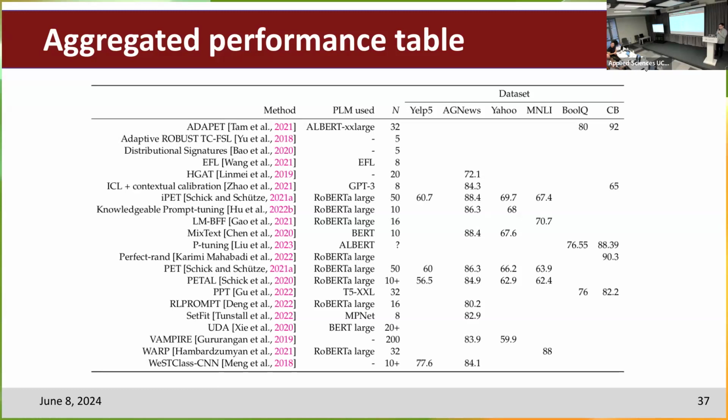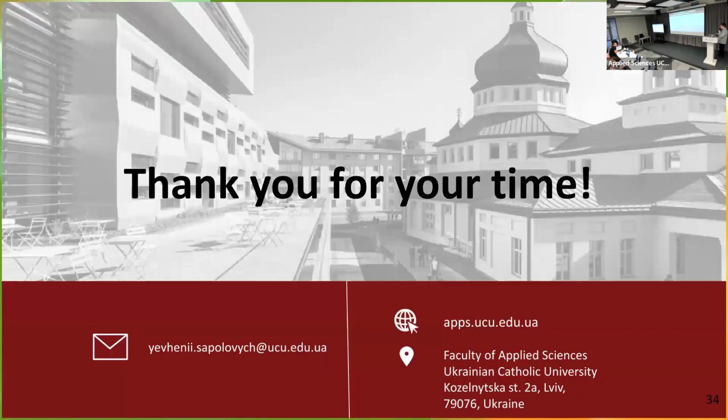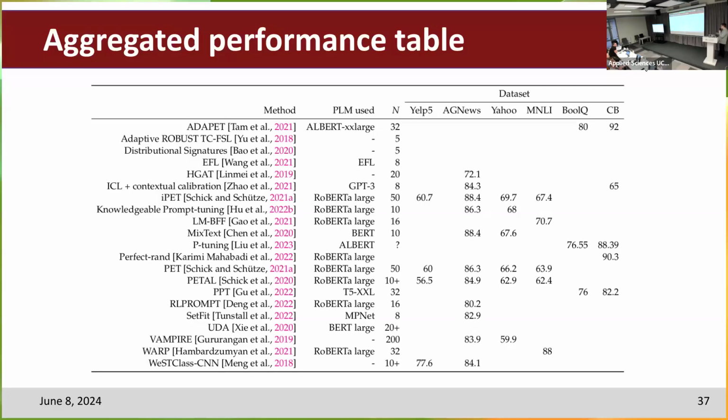The next question is, what about multi-label classification? This is an issue with many of these methods. For instance, PERFECT and ADAPET, used for the baselines, do not allow multi-label classification, while SetFit does.